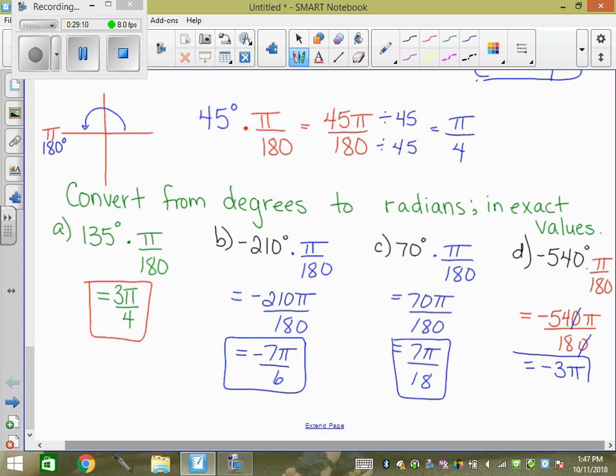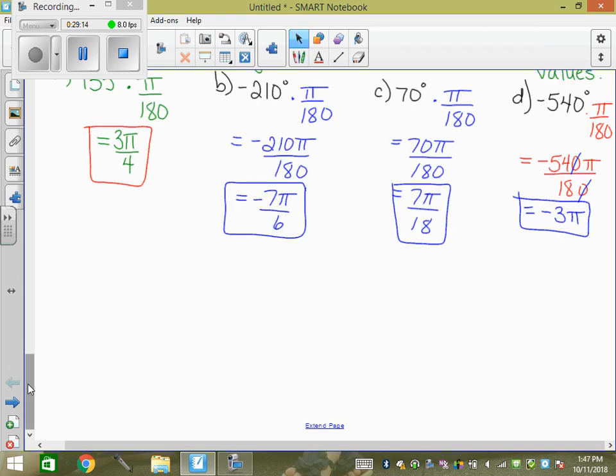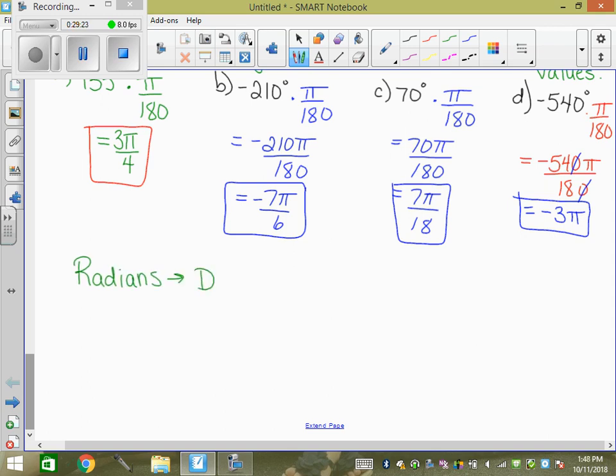Okay, what if we go the other direction? Not super complex. It's radians to degrees. If degrees to radians, pi's on top. Radians to degrees, pi's on bottom.